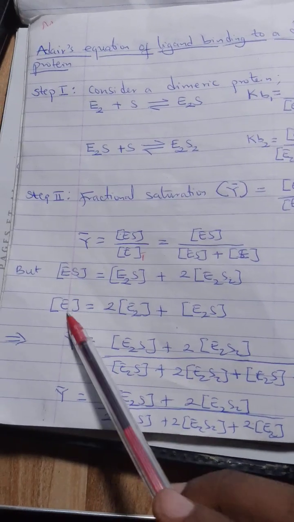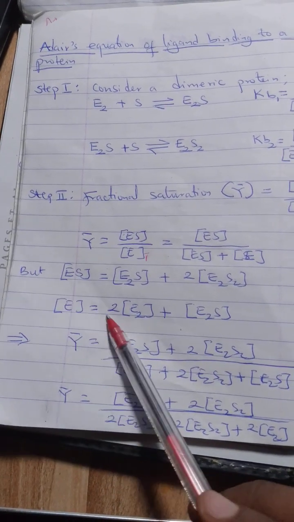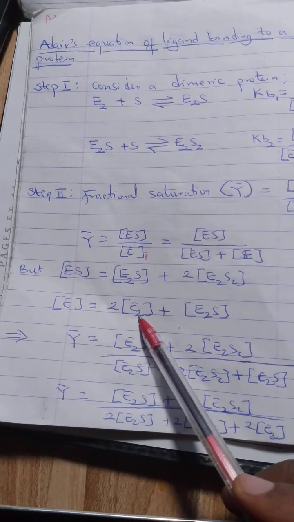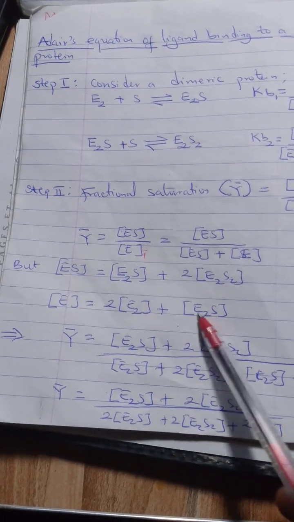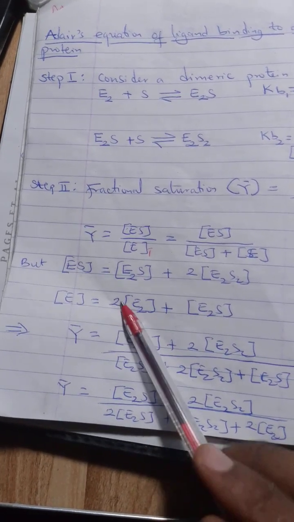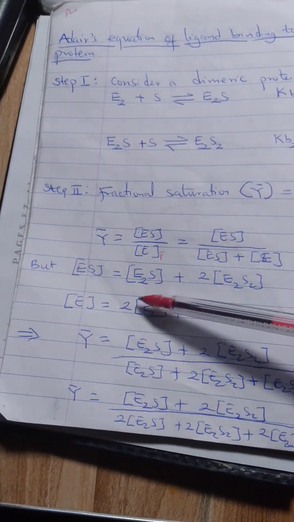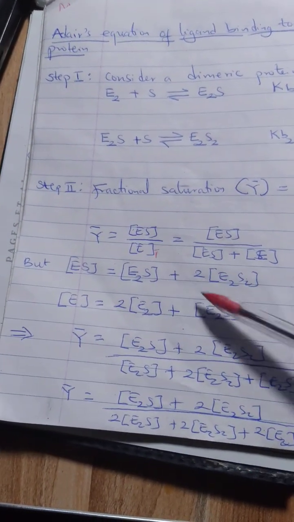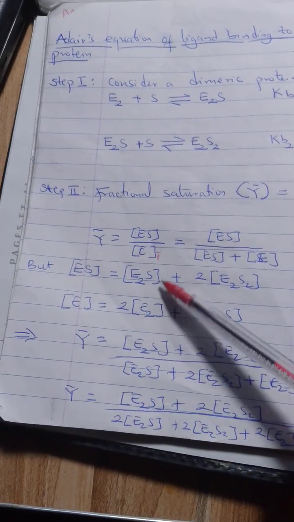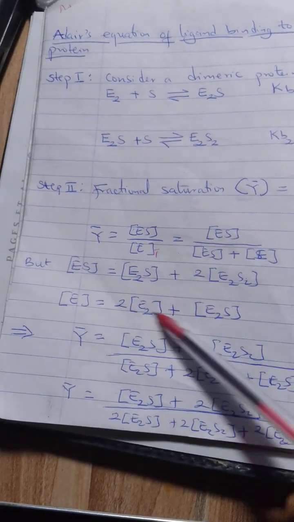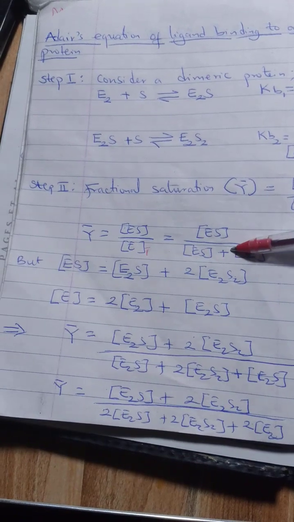Good. Now the total enzyme is E2, which is the free enzyme, plus the enzyme bound. This 2 is also accounted for experimentally. Now apart from these two assumptions, the next thing to do is to substitute these values into the equation for Y bar.